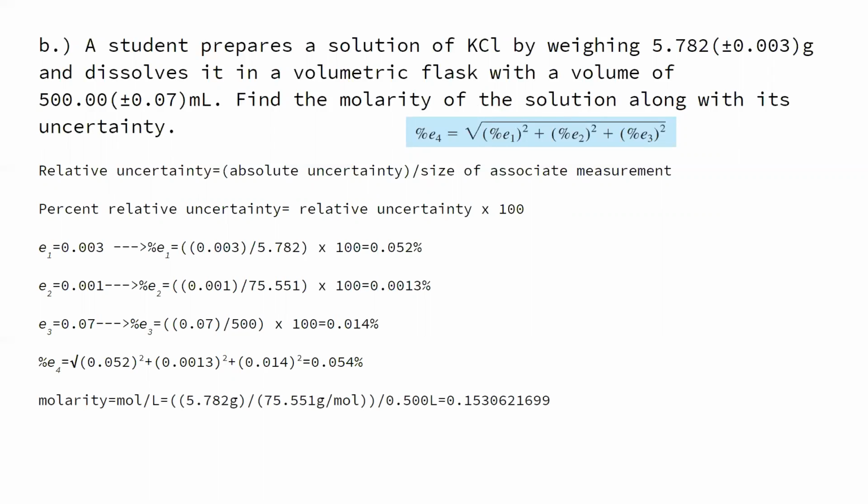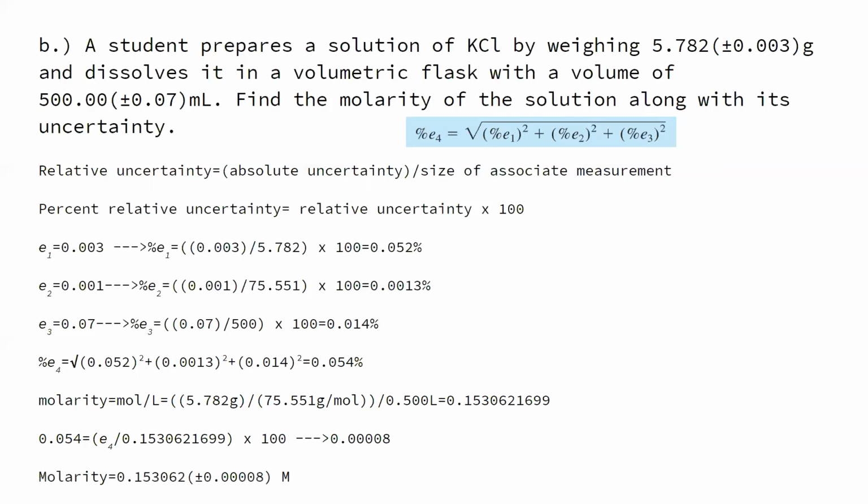Then we find the molarity of the solution by using molarity equals moles over liters, and we get that the molarity is 0.153062169. Then using that relative uncertainty equals absolute uncertainty divided by size of associated measurement and percent relative uncertainty equals relative uncertainty times 100, we can find the absolute uncertainty for the final answer, which is 0.00008 or 8 times 10 to the negative 5.